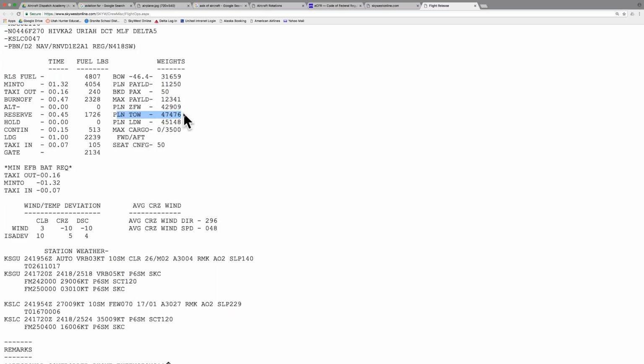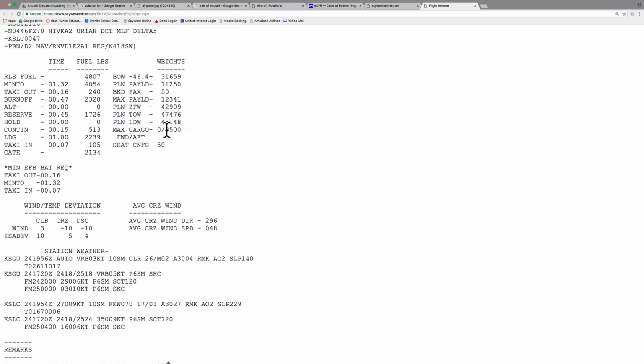This planned takeoff weight is fueled up, sitting on the ramp, ready to go. So this is completely ready for flight. And then this is the planned landing weight. This is what the plane should weigh when it touches down on the ground at its destination.